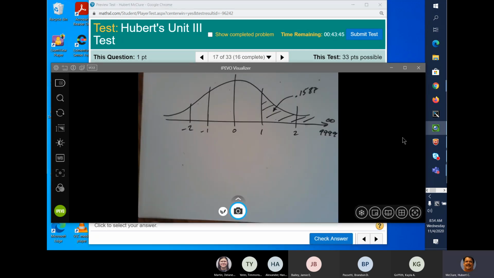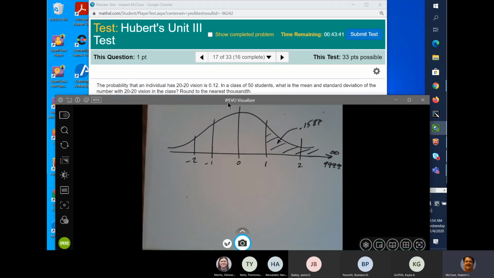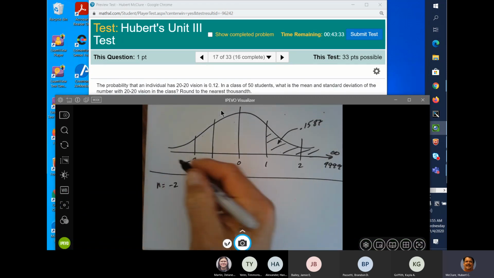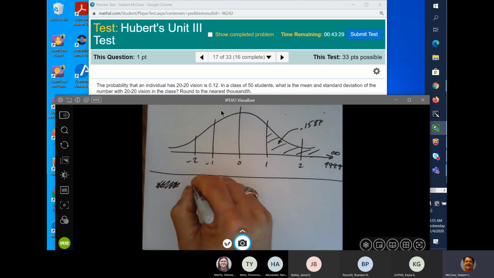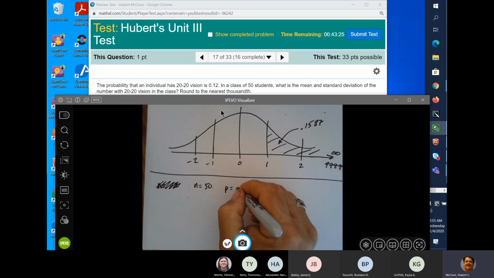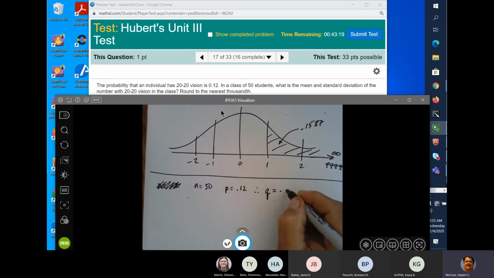So npq: n is equal to 50, and p is equal to 0.12. Therefore, q is equal to 0.88.